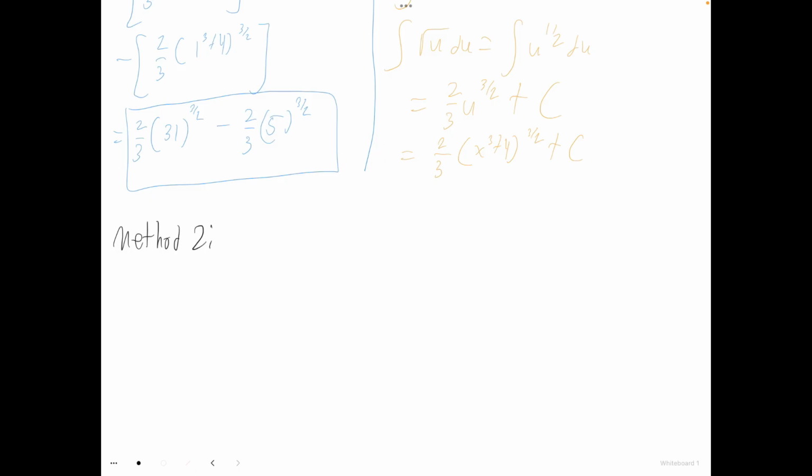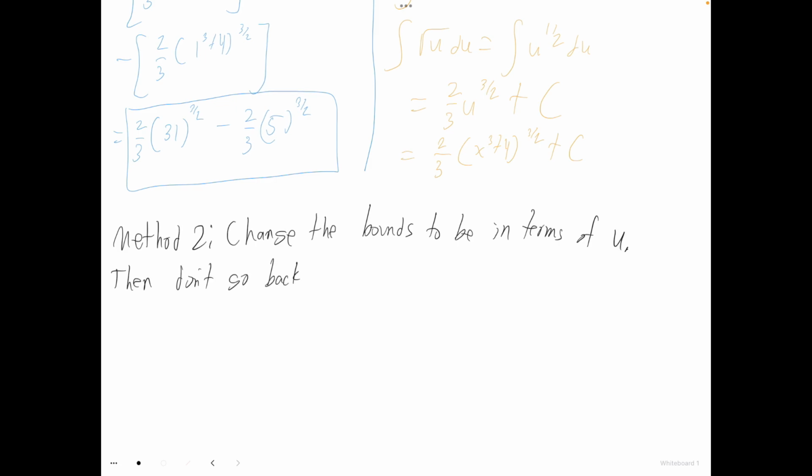So method 2 is basically change the bounds to be in terms of u. Then don't go back to x. Just solve in terms of u.